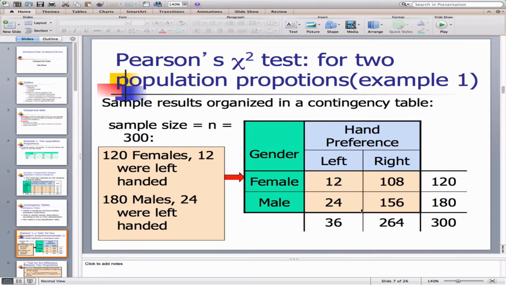Second of all, what is the rationale for this test? How do you construct a test statistic for this test? And third of all, once you calculate that statistic, what is the reference distribution from which you can get a critical value to compare to? Those are the three fundamental things for any hypothesis testing.